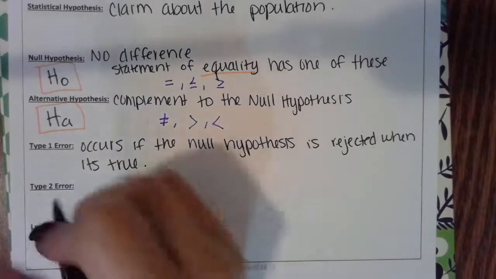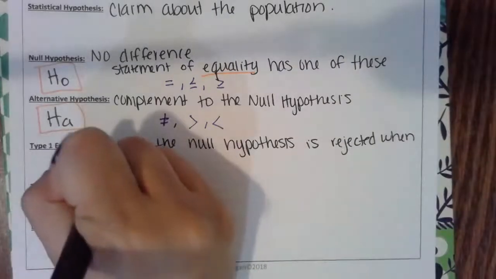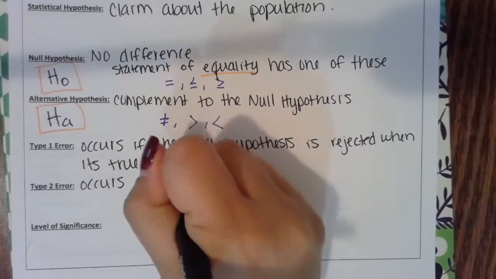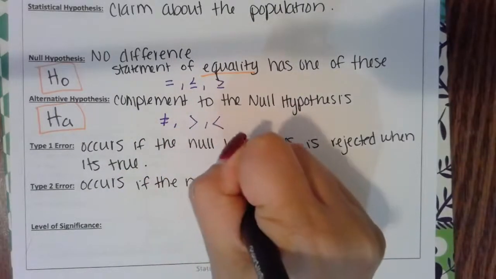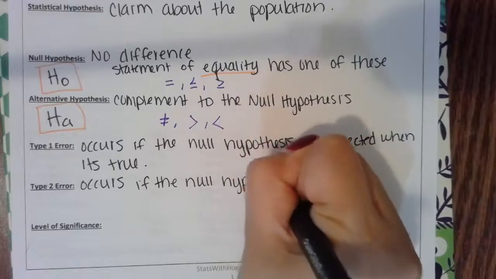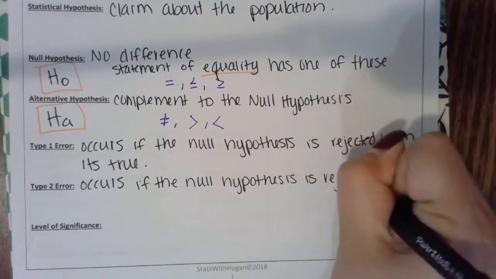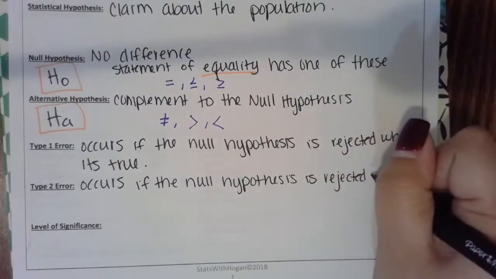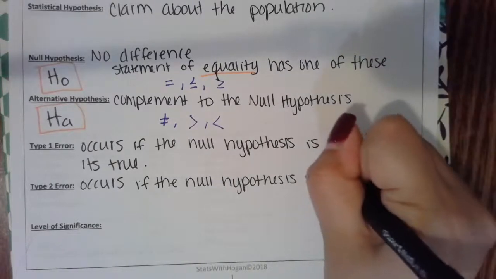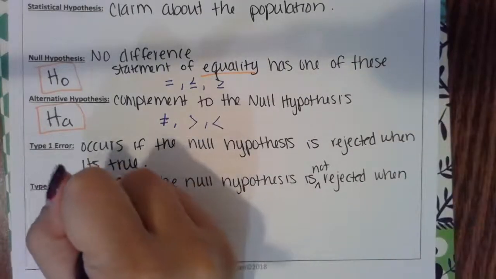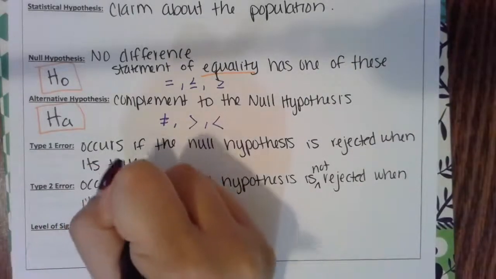A type 2 error would be if the null hypothesis is not rejected when it's false.